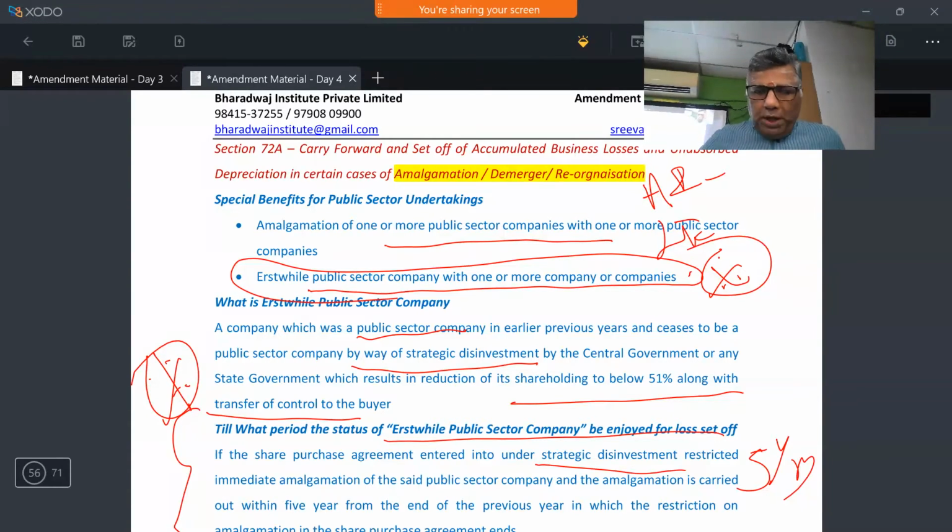In business reorganization, the two important amendments are pertaining to: A, primary cooperative societies converted into cooperative banks.